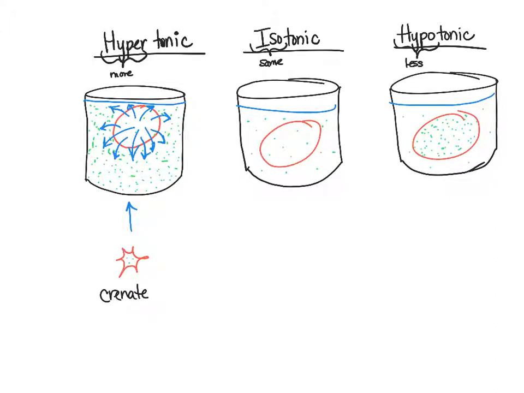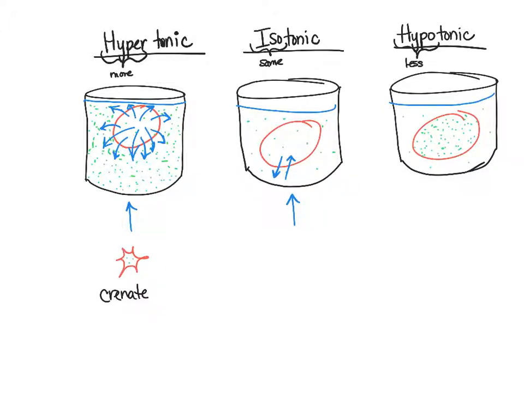Now if we move into the next situation, our isotonic situation, are we going to see water moving in toward the cell, or are we going to see water moving from the cell out toward the solution? We are going to see both. In an isotonic situation, we're going to see water moving out of the cell as well as water moving in the cell.